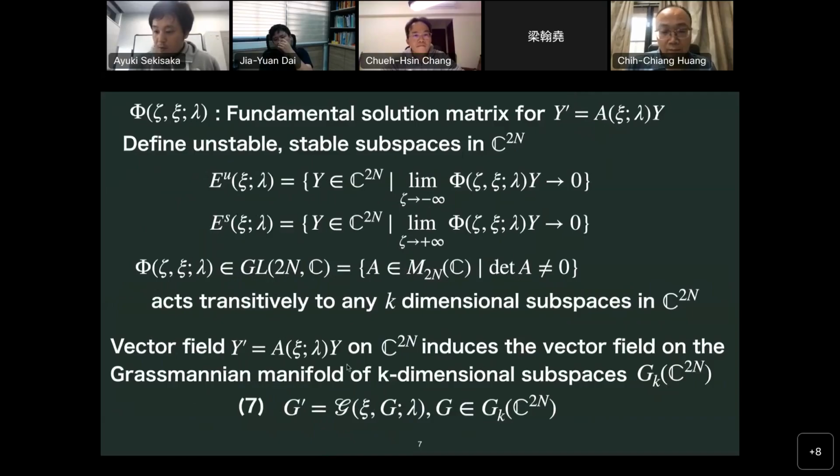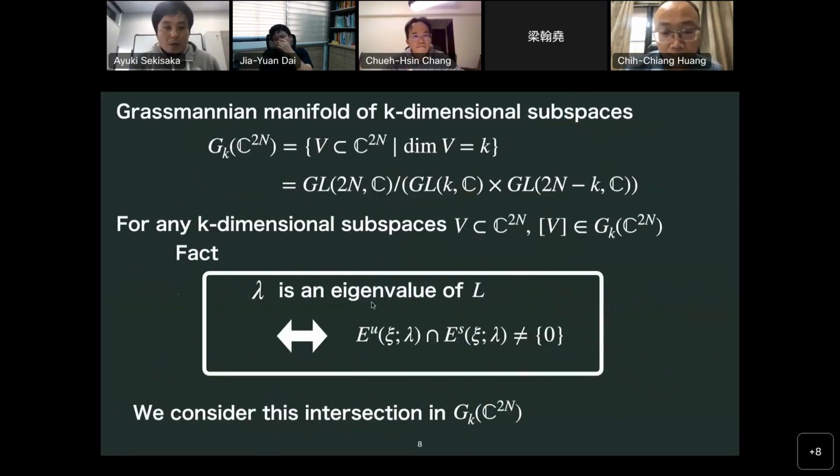Okay, so the Grassmannian manifold G_k(C^2n) is defined as the set of all k-planes in the 2n-dimensional complex vector space, like this, first equation. It is also defined as a homogeneous space, second equation like this.